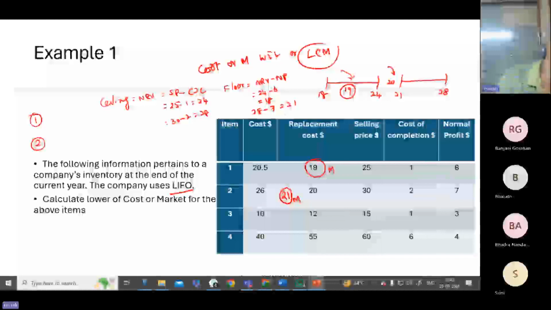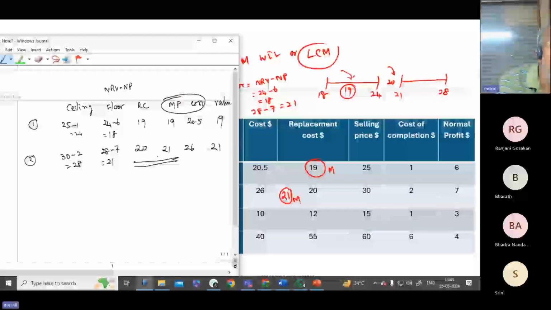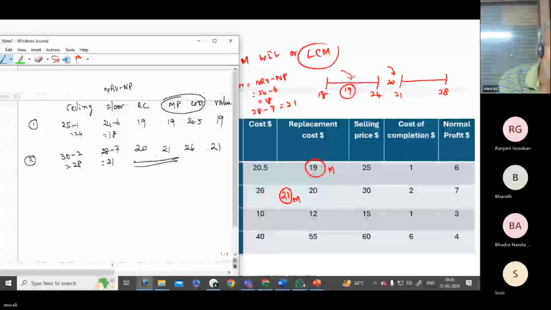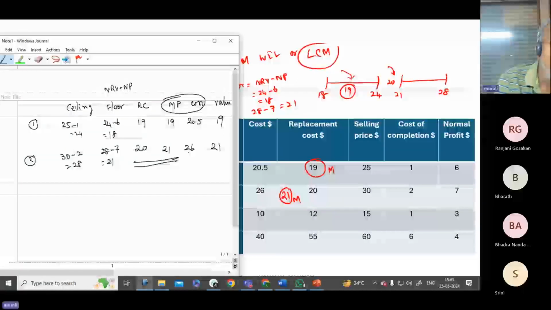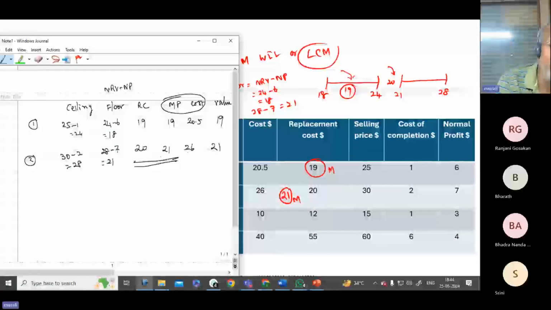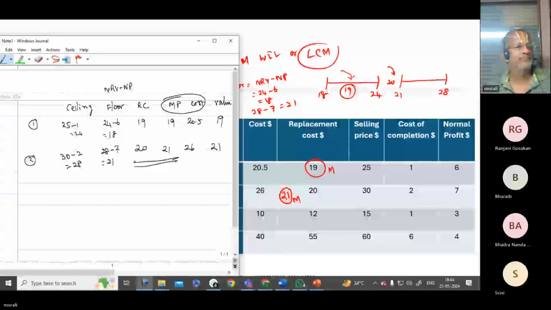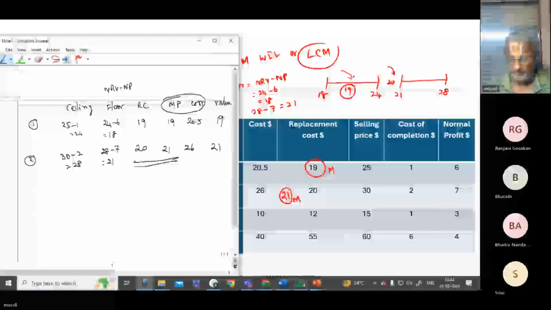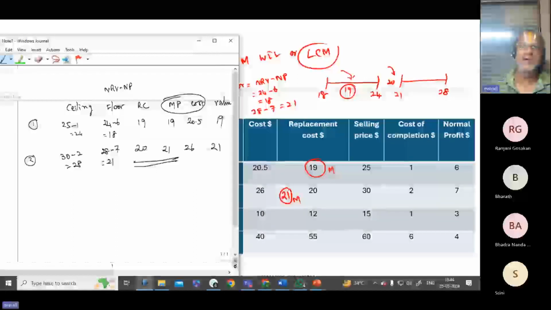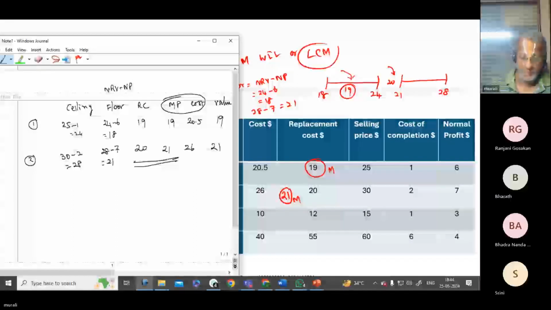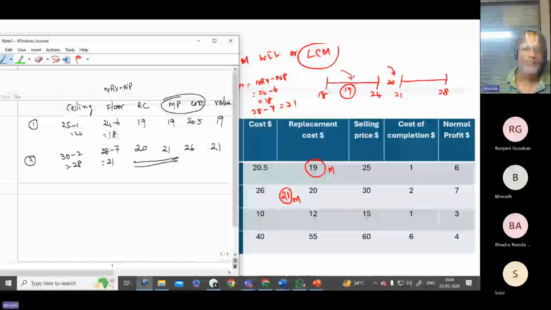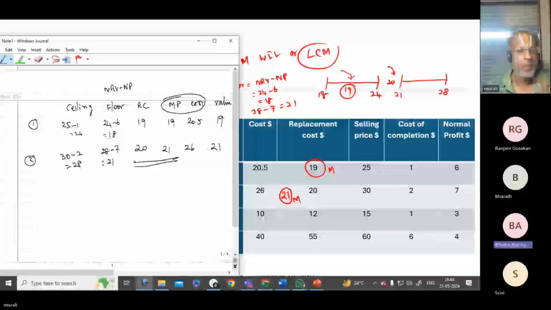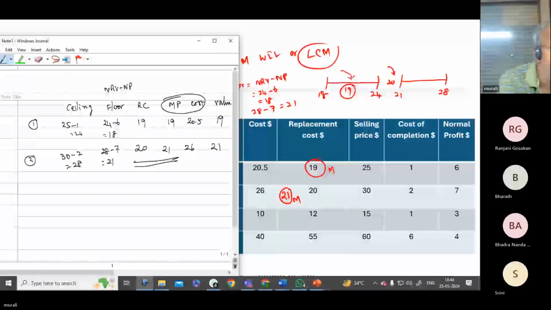So 21 is what I've chosen, and 26 is the cost. Between the two, 21 is the value. Are you clear, Ranjani? Yes, sir. Bharat, Srini, clear. Anup? Yes, sir.